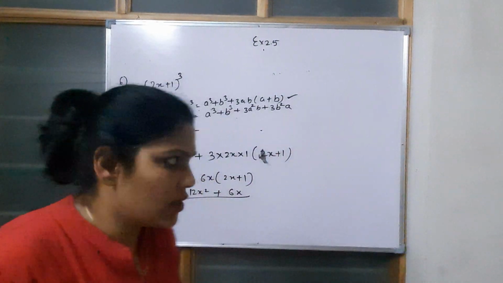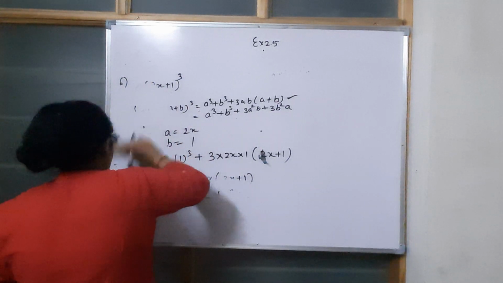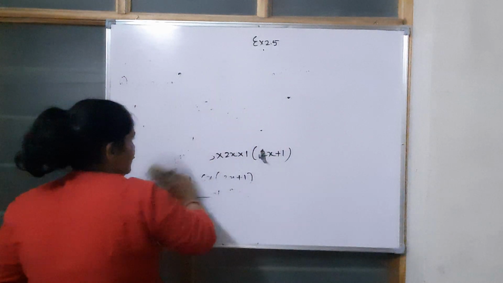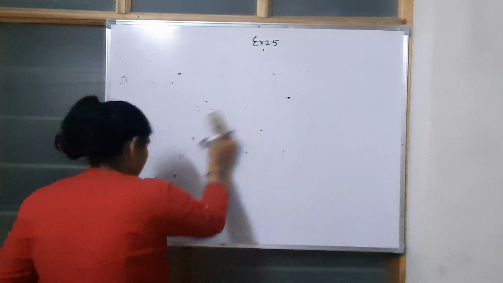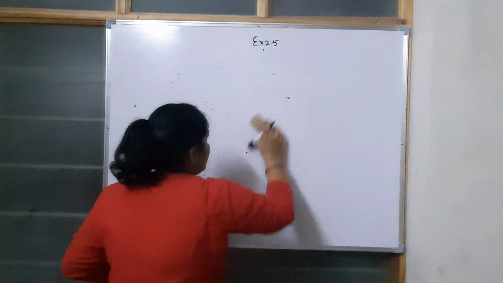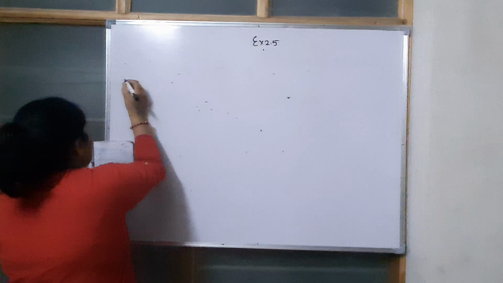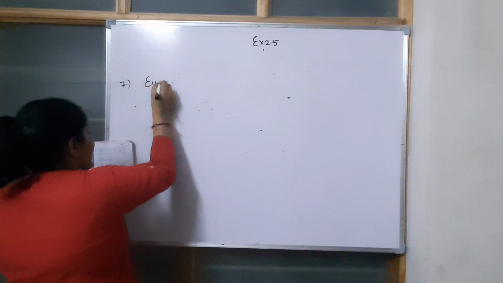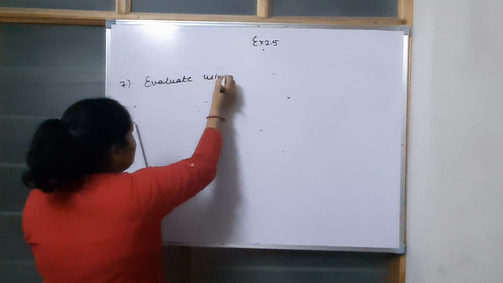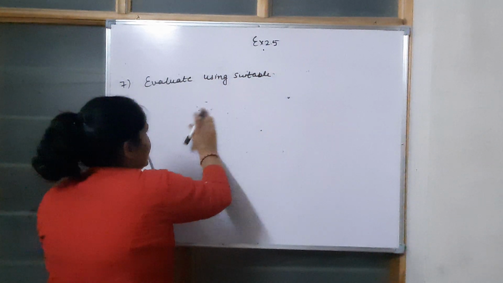So now the next question we have is question number 7, which is also very easy. We need to apply the identities to solve the given question. So just look here. Our question number 7 is: evaluate using suitable identities.